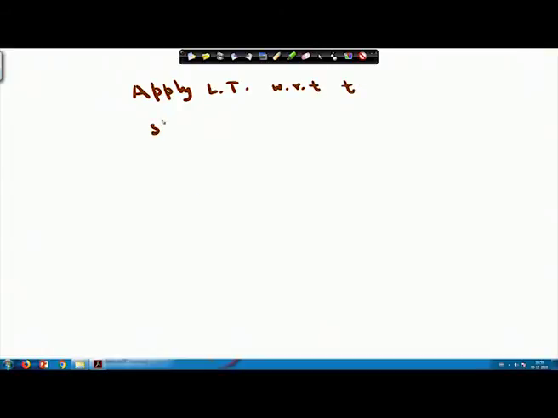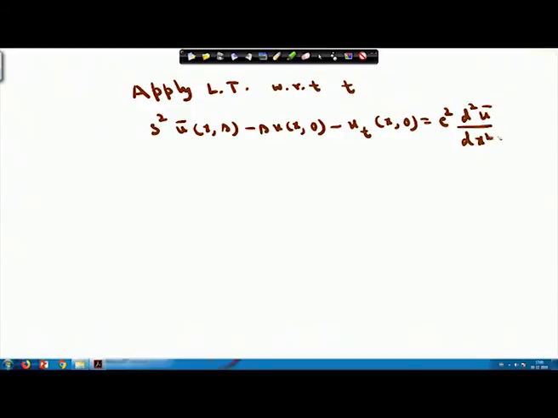So that you will obtain, I am writing directly, s square u bar(x,s) minus s u(x,0) minus u_t(x,0) equals c square d2 u bar dx square. I am not explaining this term again. Now, u(x,0) is given as lambda sin(pi x by L) and u_t(x,0) equals 0.